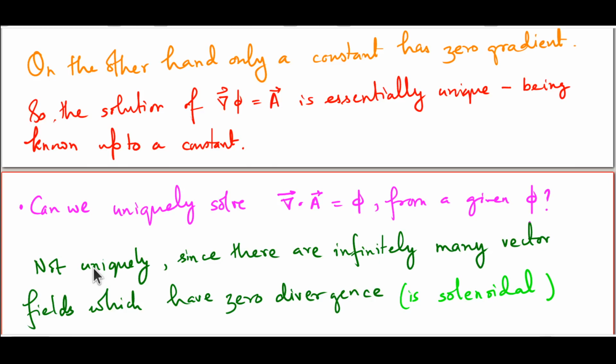Now, as I have just said, all magnetic fields are divergence free. And there are, of course, plenty of non-trivial magnetic fields around.